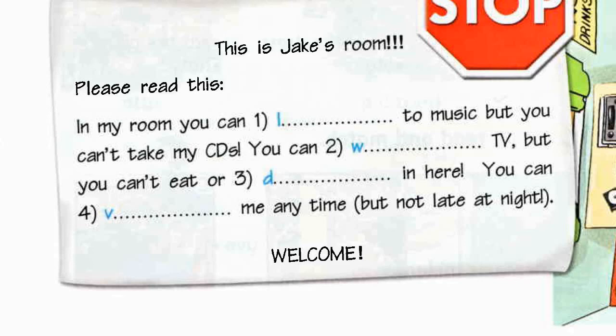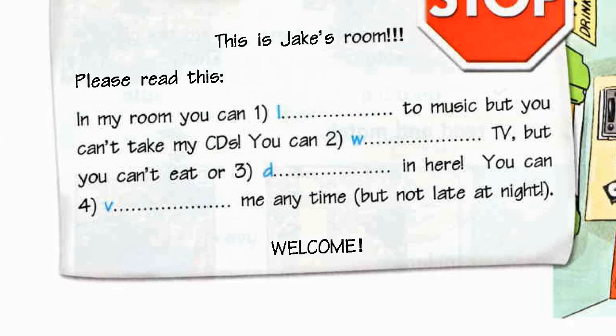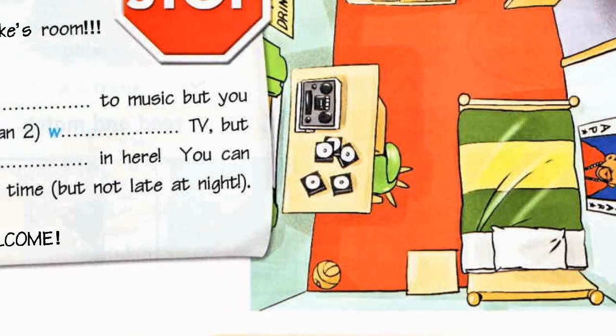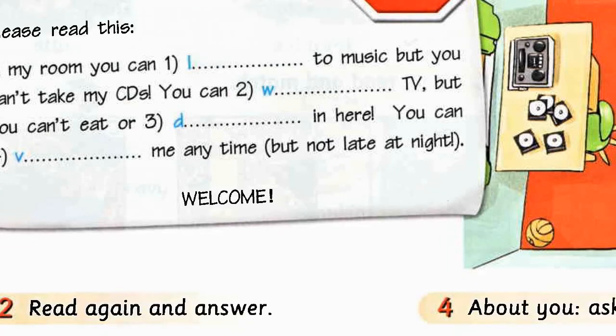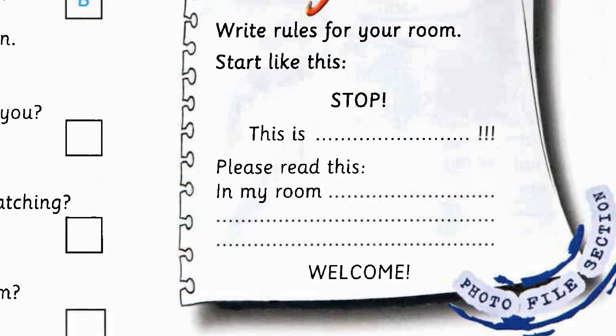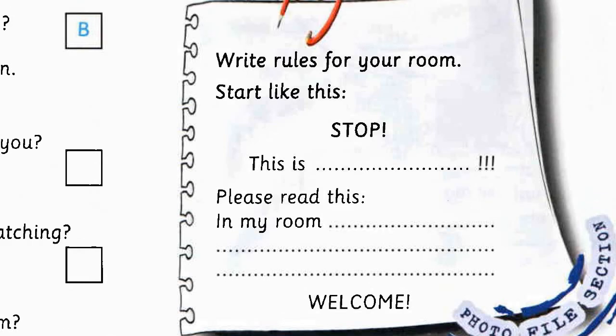In another one, you can visit me at any time, but not late at night. Okay, so here, and at the end you are supposed to write welcome. So this project is for you to write.